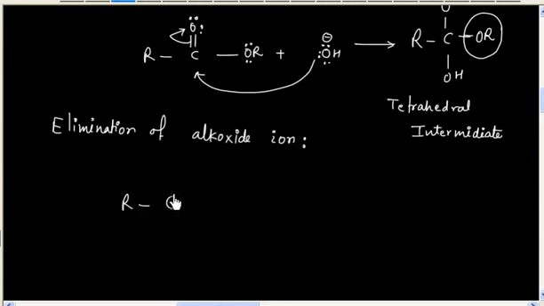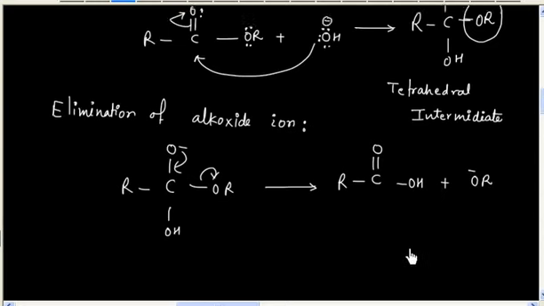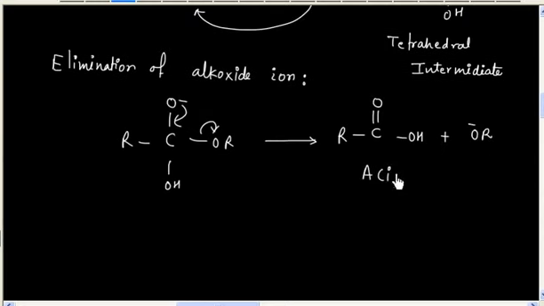So this O minus pushes the OR group and the OR group gets expelled from the molecule. So we will have acid plus OR minus, that is acid plus alkoxide ion.